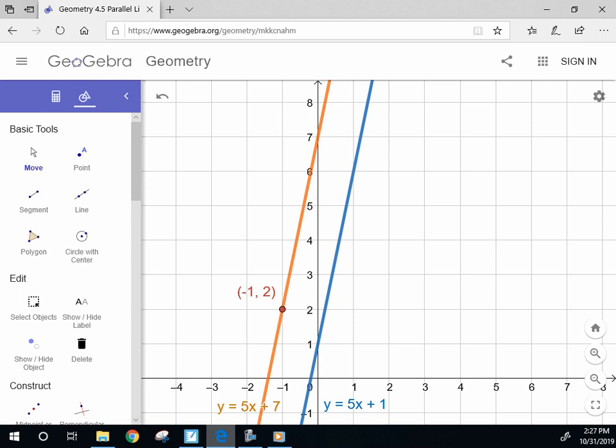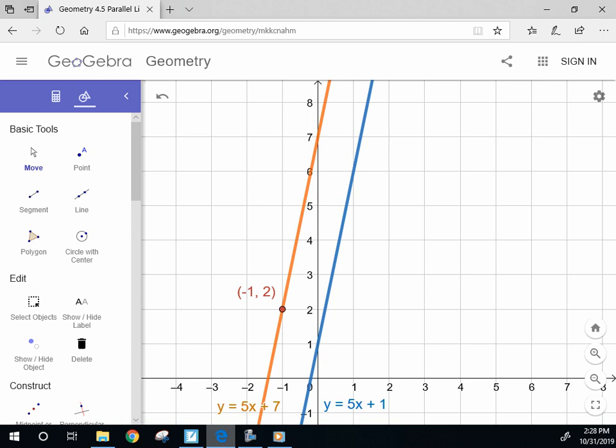I used the GeoGebra feature to draw a parallel line through that point, and it gave me the equation y equals 5x plus 7. So the orange line is parallel to the blue line and goes through the point (-1, 2). So my answer is going to be 5x plus 7.